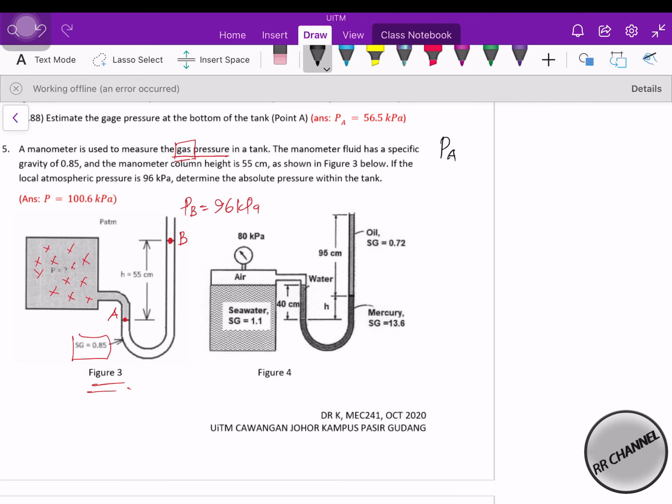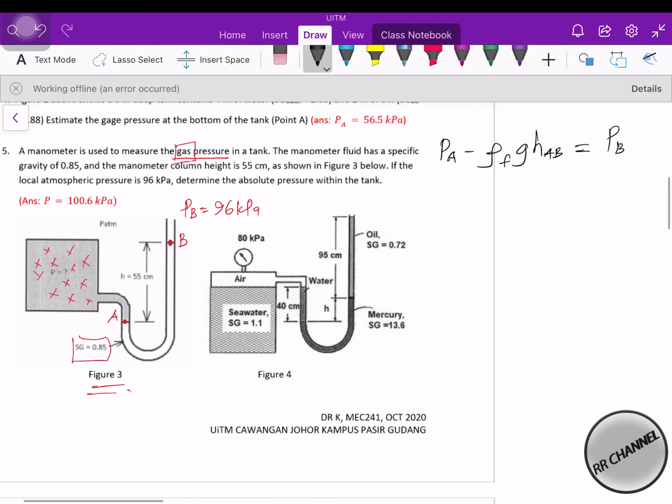Because there is no other fluid between point A to point B, you can just minus, because it goes upside, rho of the fluid multiply with G, multiply with the distance between point A to point B. This is equal to the pressure at point B, or atmospheric pressure.